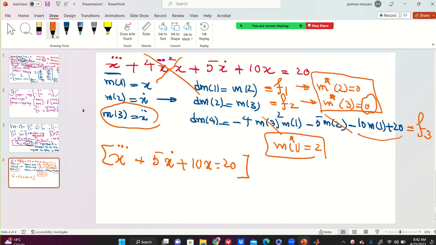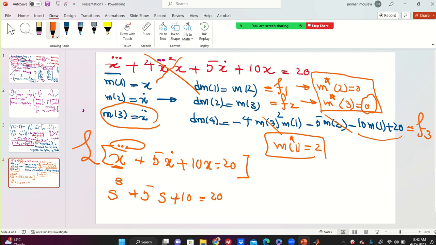Guys, if I apply Laplace to this, it's going to be s cubed plus 5s plus 10 equals 20.